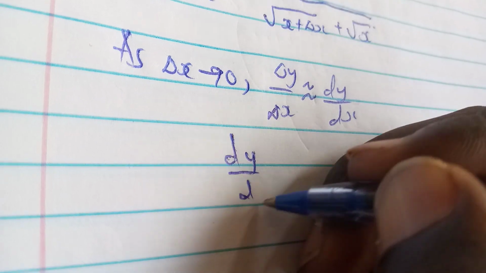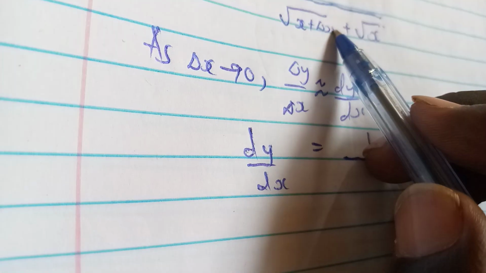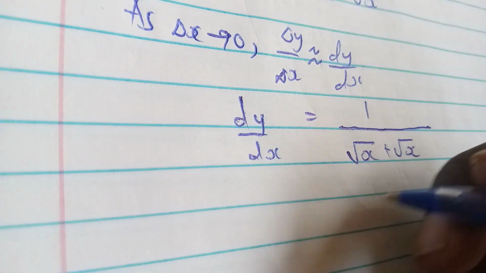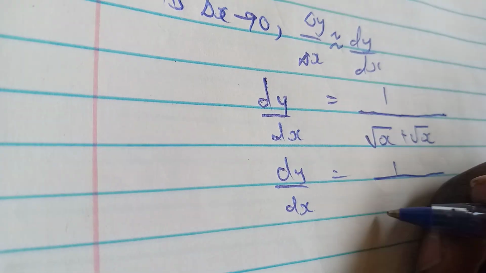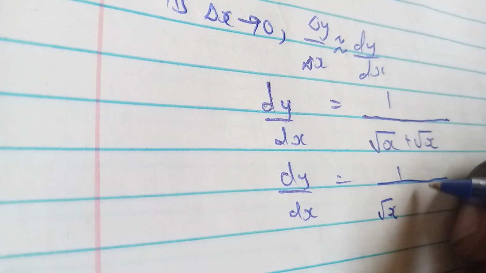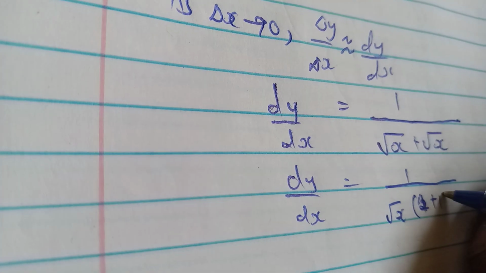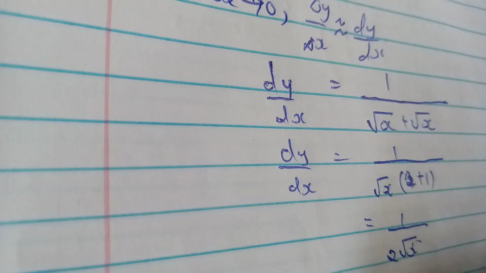This will be now dy/dx equals 1 over, as change in x has tended to 0, we shall remain with root x plus root x. So how do we add this root x plus root x? Just add what is in front, which is 1 plus 1, leaving us with 1 over 2 root of x.